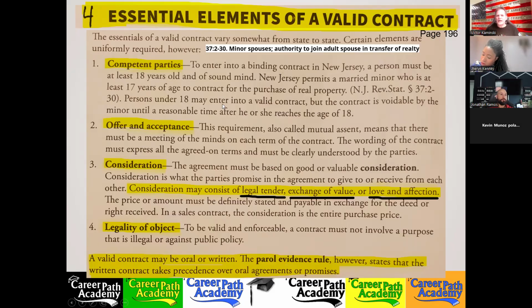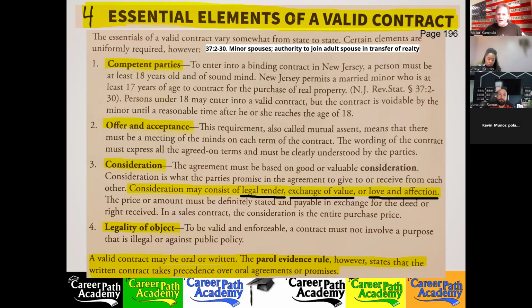So persons under 18 may enter into a valid contract. It's not wise to, because you can't enforce a contract against a minor. They're not considered a legally competent party. And the minor can enforce the contract against you if you're an adult, because you are a competent party. So it doesn't work both ways.